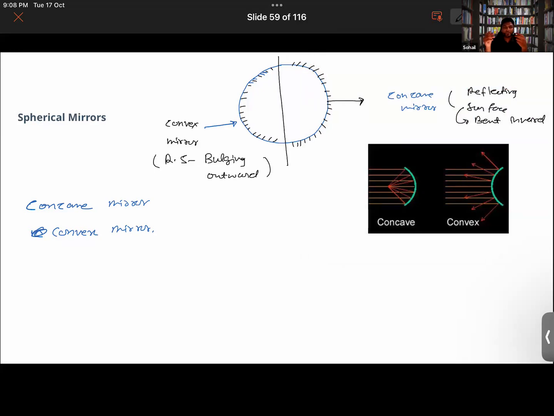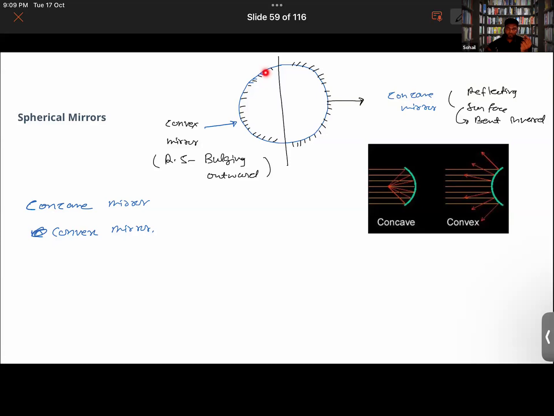And if the inner surface of the curved mirror, look here, you can imagine this sphere. When I'm defining this, consider that I'm talking about a sphere actually. Then the meaning of inner and outer will be clear. So this is the inner surface now.